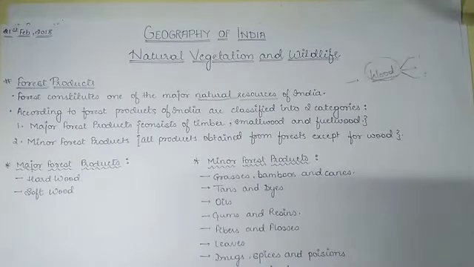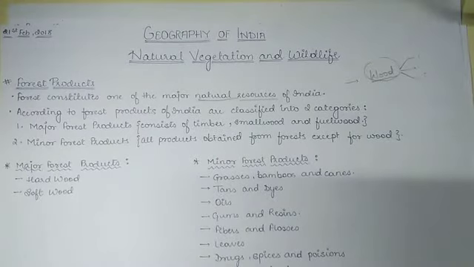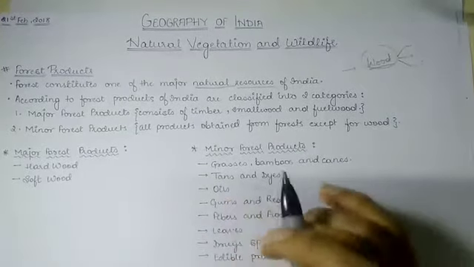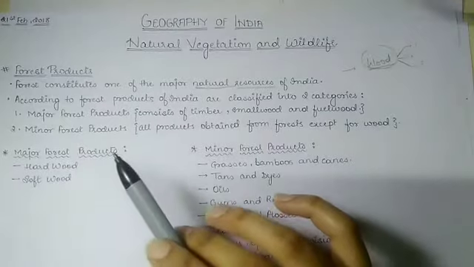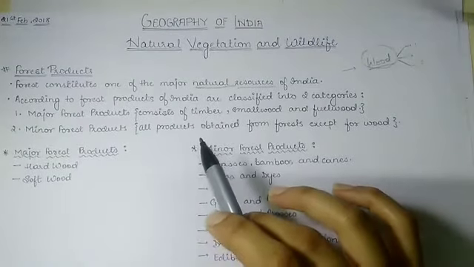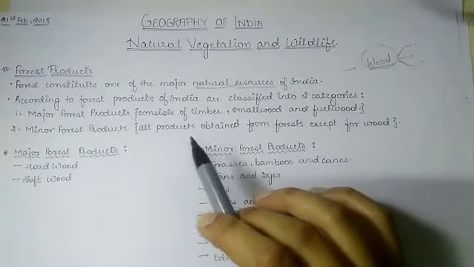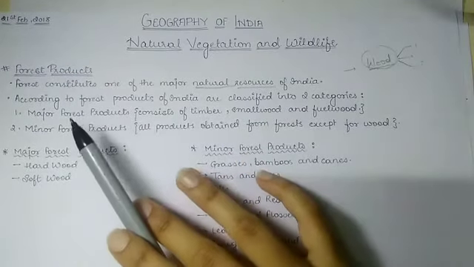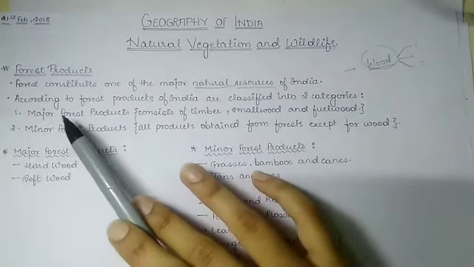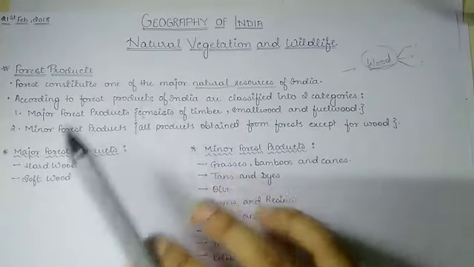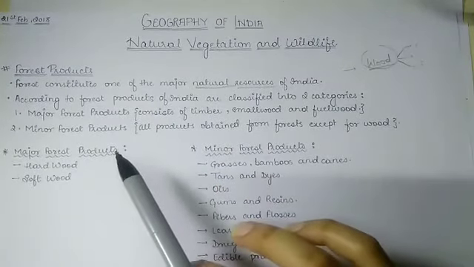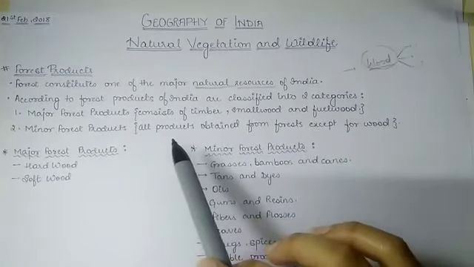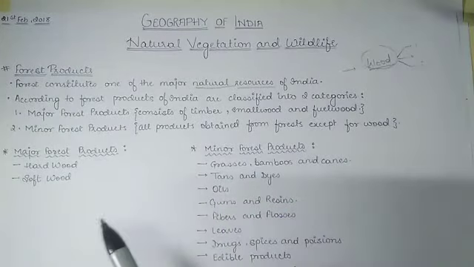Then we have minor forest products. Minor forest products include all the forest products that are obtained, excluding woods. So woods are constituted in major forest product, and all the other products that we get are included in minor forest product.